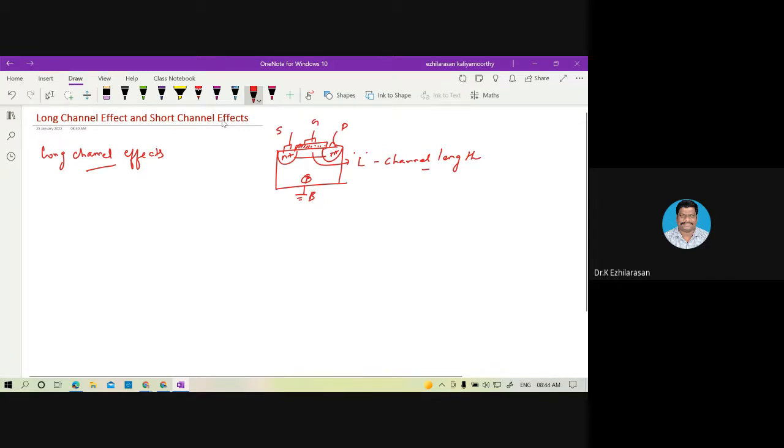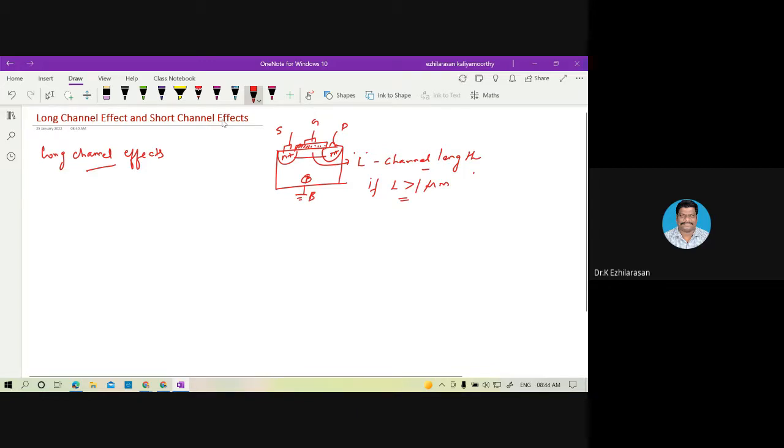So now, long channel effect. If the length of the channel is greater than 1 micrometer, what effects will happen? You might have studied in a previous CMOS VLSI, you might have calculated the equations for three regions. So you can operate the MOSFET in three regions.